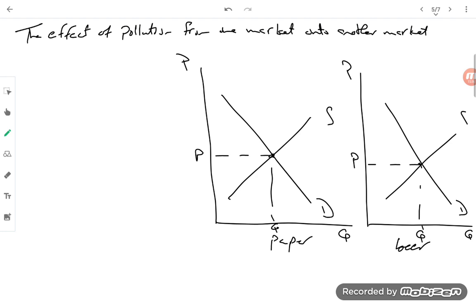As a result, the cost of production is going to decrease. So producers can produce more and supply more. So the supply curve will shift to the right, and we have a new equilibrium point at a lower price level.